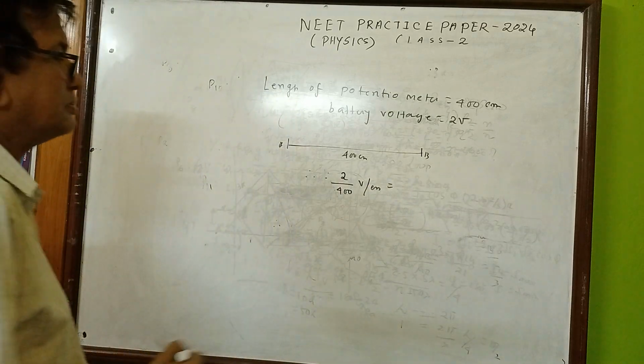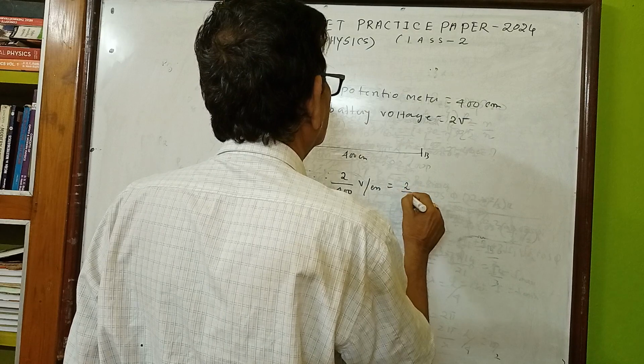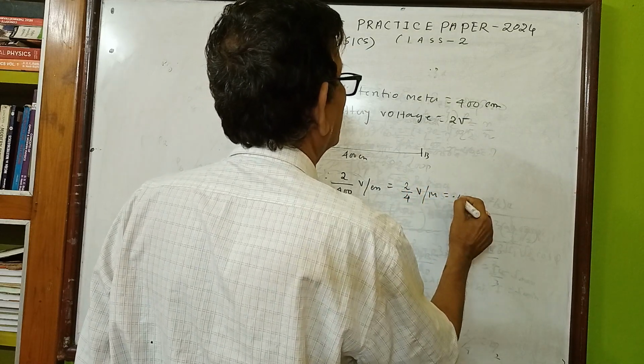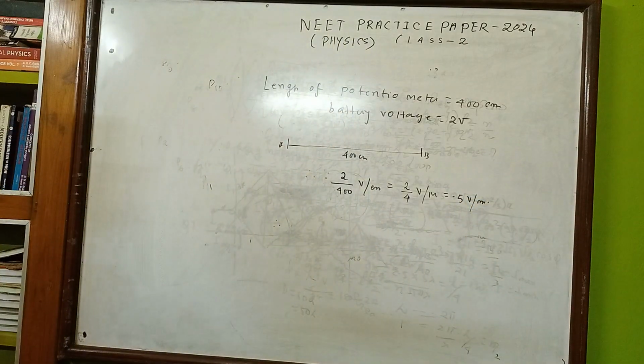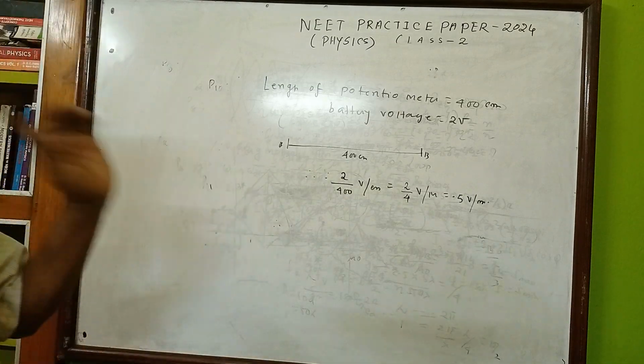That is equal to 2 by 4 volt per meter, or you can write 0.5 volt per meter. That is the potential gradient. Gradient means value of potential per unit meter.